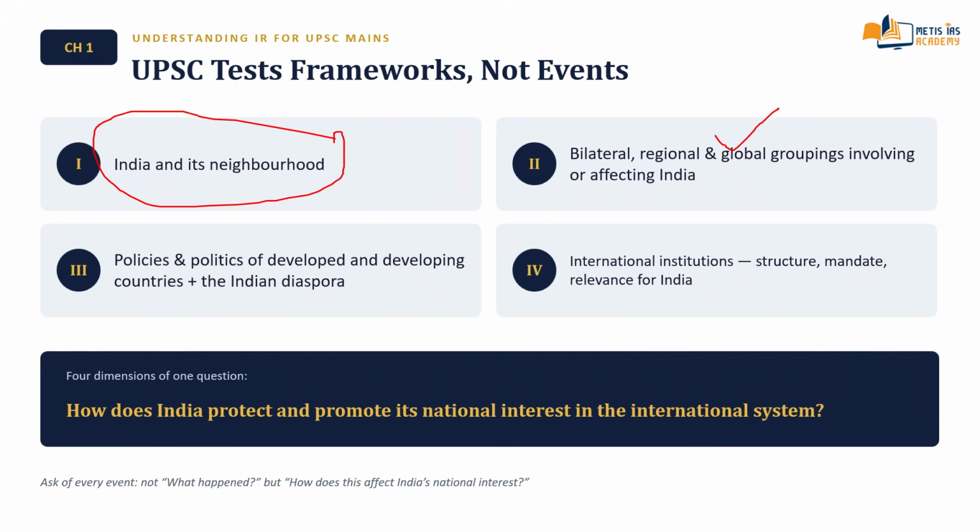Then the third is the effect of the policies and politics of developed and developing countries on India's interests, along with the Indian diaspora. And the fourth is important international institutions, agencies, and fora, their structure, mandate, and relevance for India.